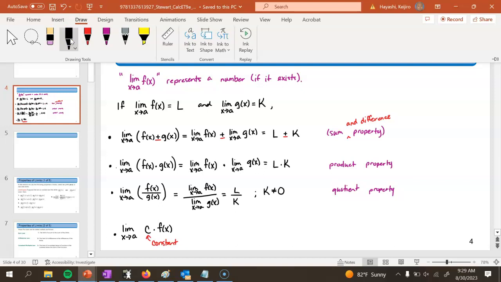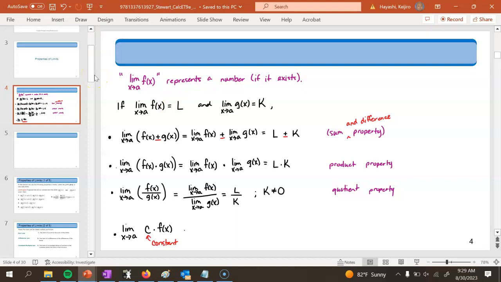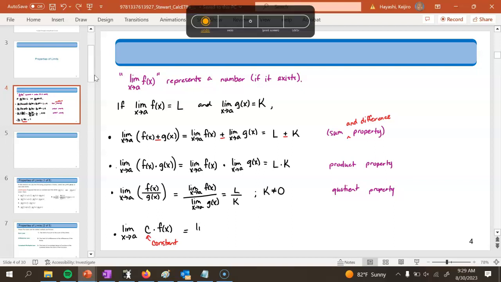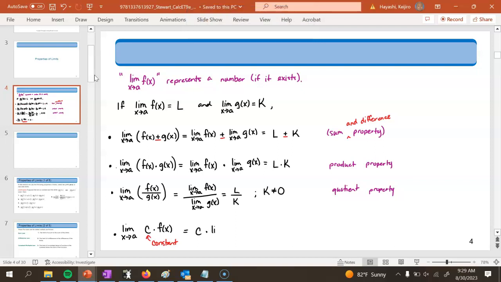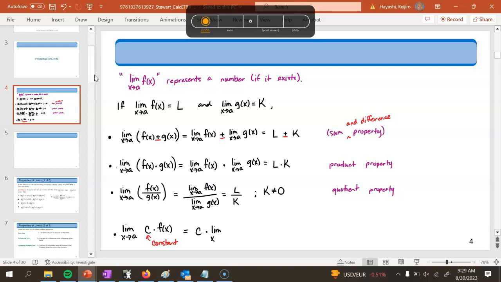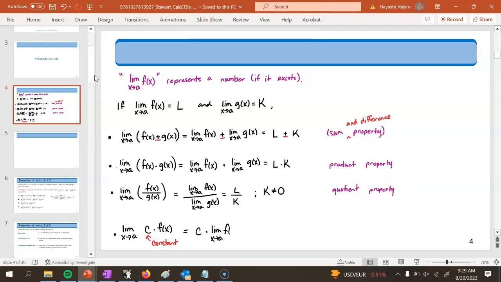Then you're free to remove that constant from the inside to the outside of the limit statement if you want. So if you move it to the outside, that ends up being c times the limit as x approaches a of f of x.